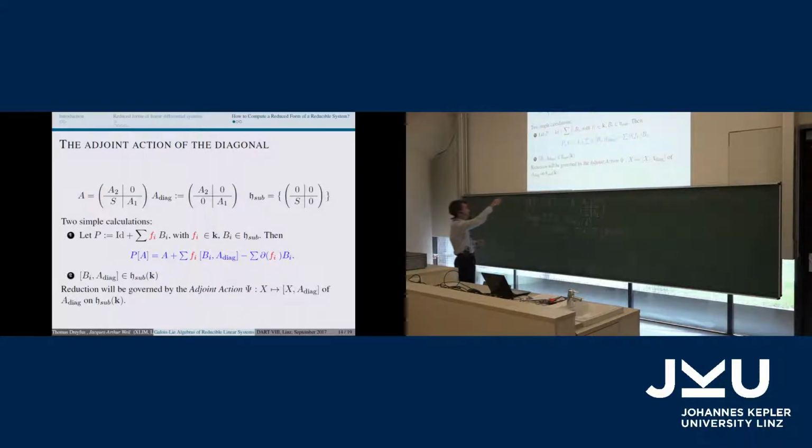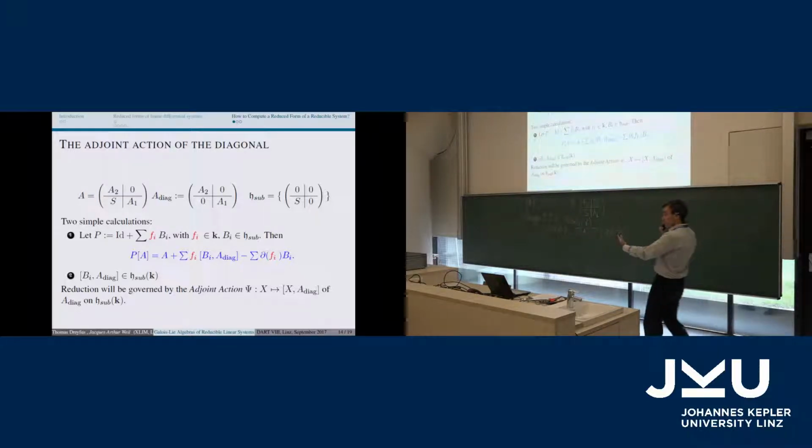So the inverse, for example, of this is going to be identity minus the sum of the FIBIs and so on. So if you use these identities, you can take this seemingly complicated expression, but this is easy to find, and you see that the image of this matrix under this gauge transformation is the matrix itself, plus a sum of the brackets with the diagonal, and then something with a derivative.